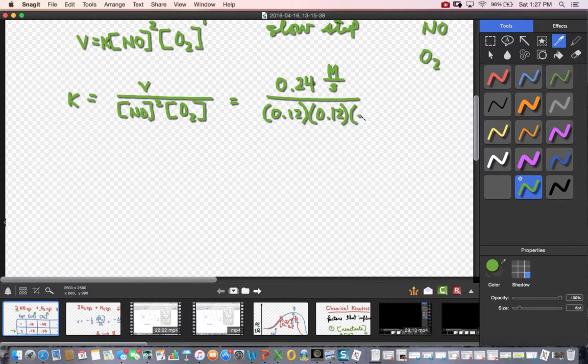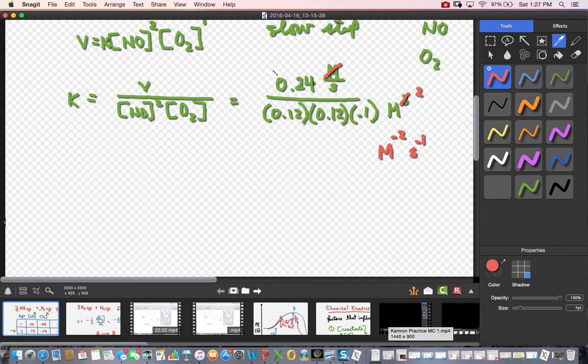Times 0.1, and that's going to be molarity to the third power. Meaning that this molar cancels and this becomes a 2. So my unit is going to be molar to the minus 2 seconds to the minus 1.